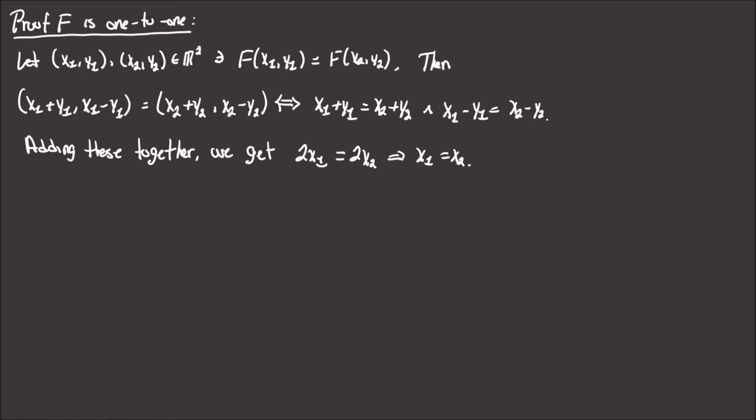I'm going to use it on the first equation. x1 plus y1 equal to x2 plus y2 implies that x1 plus y1 is equal to x1 plus y2, which obviously implies then that y1 and y2 have to be the same.